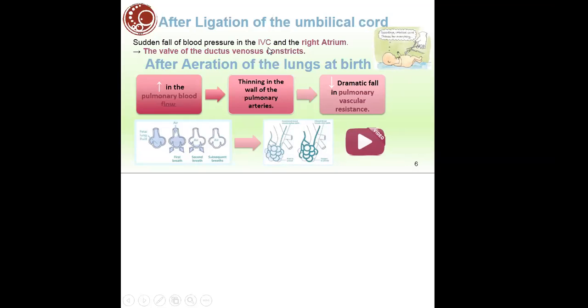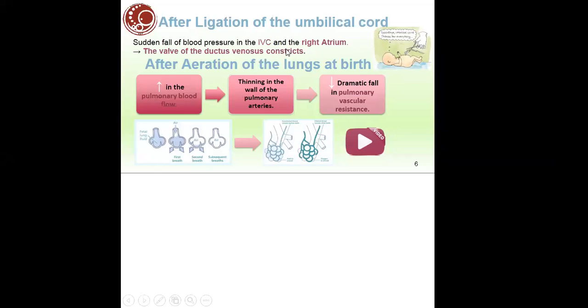That is directly in the form of the truncus venosus, and indirectly through the portal vein and the right atrium. The wall of the ductus venosus constricts.